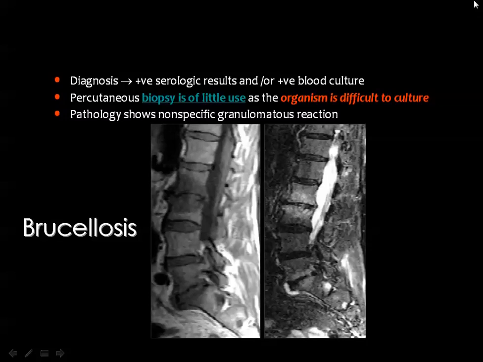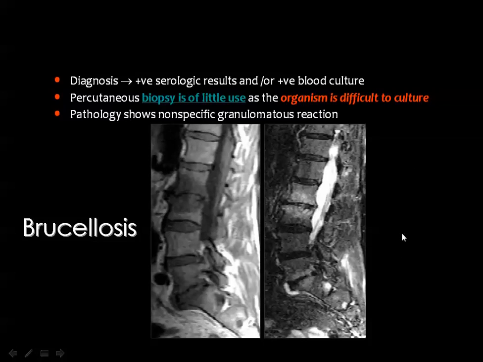It is also known in the literature that the diagnosis is usually reached via positive blood culture or positive serologic results. If you have a biopsy from the lesion, you will not reach a specific diagnosis since the organism is difficult to culture.